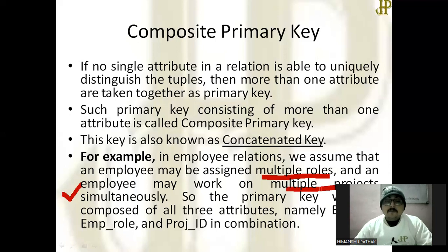So the primary key will become composed of all three attributes. So what are they? First of all, employee ID. Second, employee role. What is the role? And then project ID. All three become a single entity, and with the help of these three values, we can uniquely identify each and every row of the table. Then that primary key is known as a composite key.